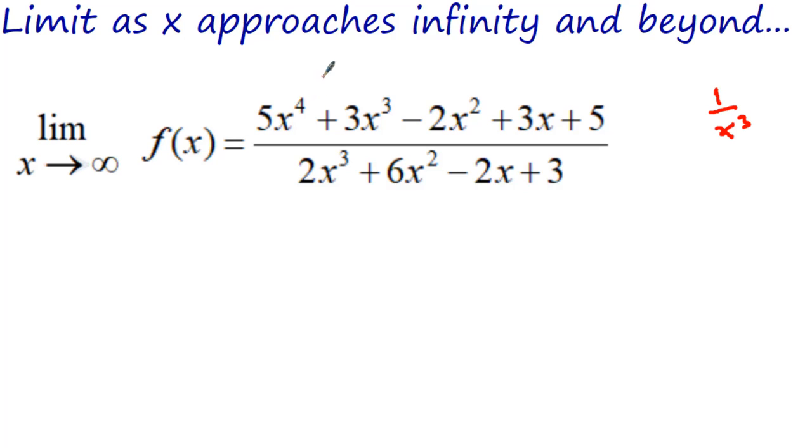You can see the numerator's exponent is larger than the denominator's exponent. It's x to the fourth, whereas the denominator is x to the third.